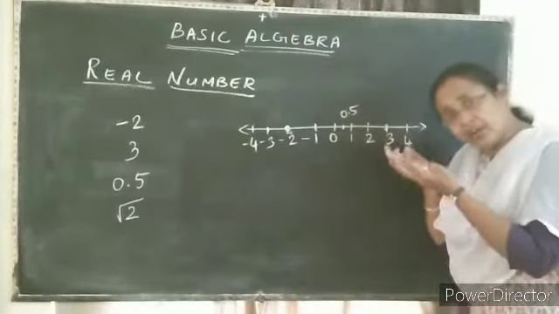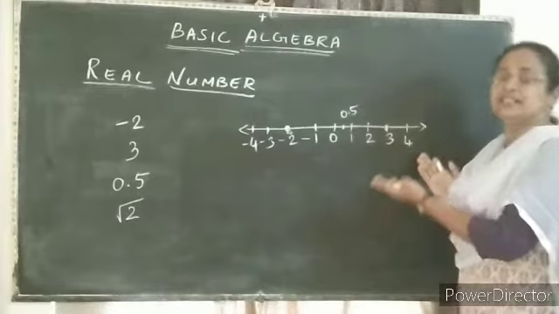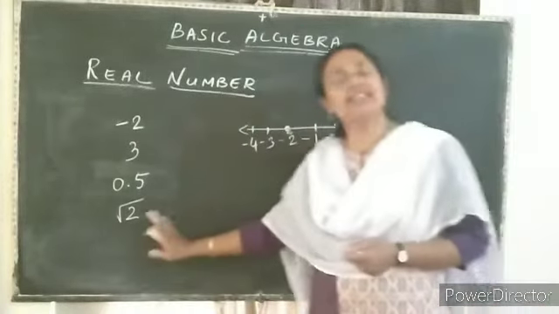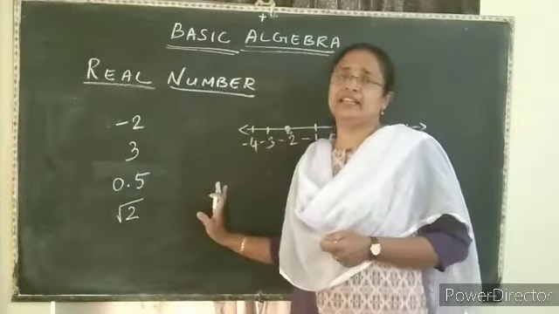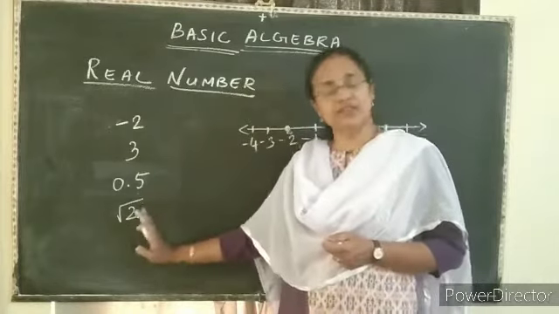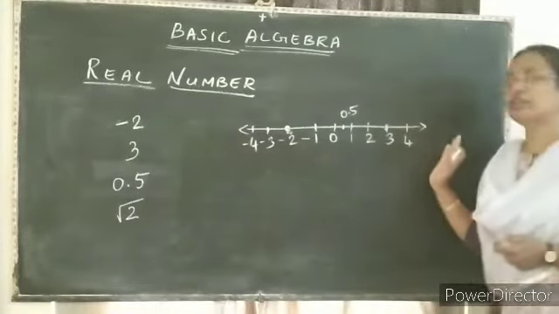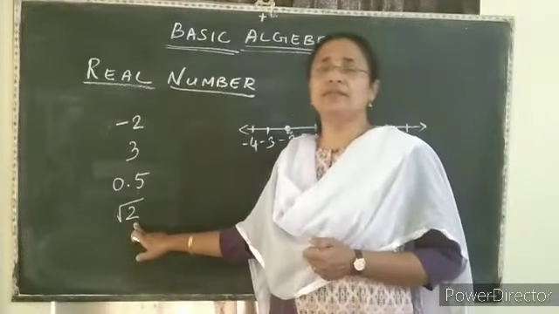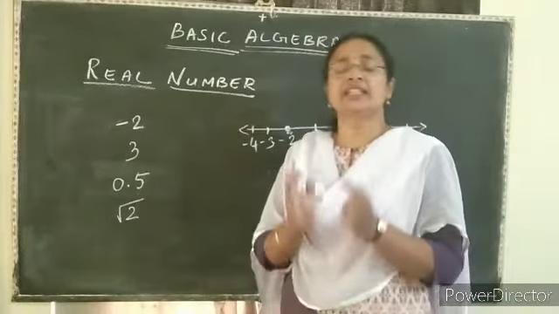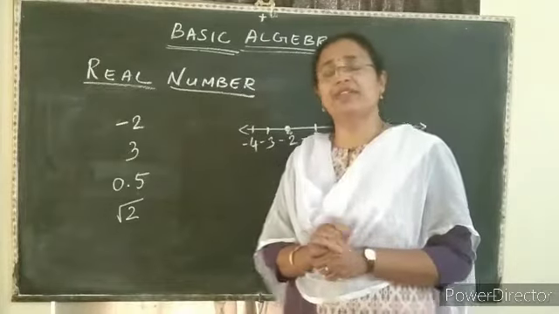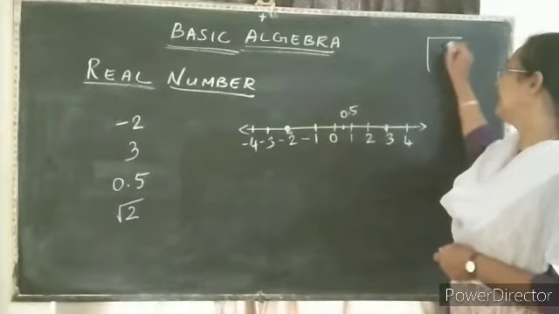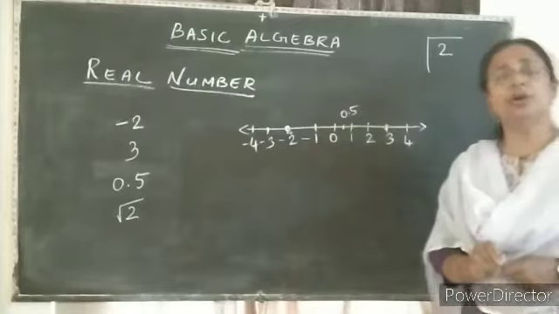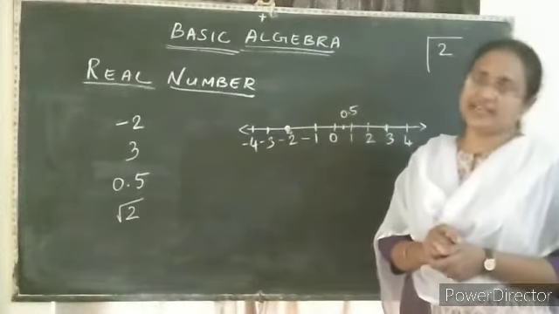This √2 can also be plotted on the real line, but it's not given directly, but indirectly we can find the value of this √2 and we can plot the point on the number line. Now, what is the value of √2? You know how to find the square root of a number. We will find the square root of a number using long division. You know it, and you have learnt it in your 10th standard too.